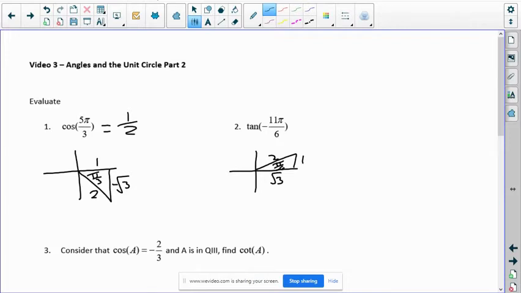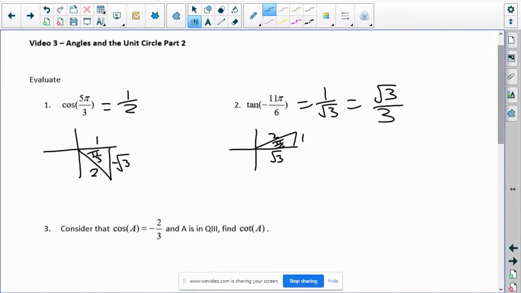So the tangent is the opposite over the adjacent, which gives us 1 over the square root of 3, or square root of 3 over 3. Now, those trig values that we've been doing, those are extremely important that we're comfortable and able to find. And eventually it'll keep being quicker and quicker for you all.